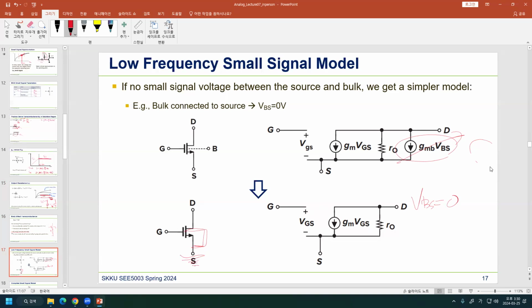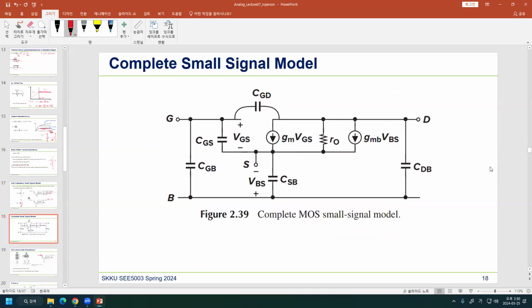The CSB and CDB capacitances we usually don't look at in real design, but it's good to know that there's a bunch of capacitance here.